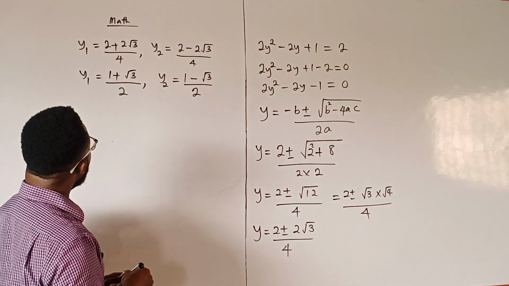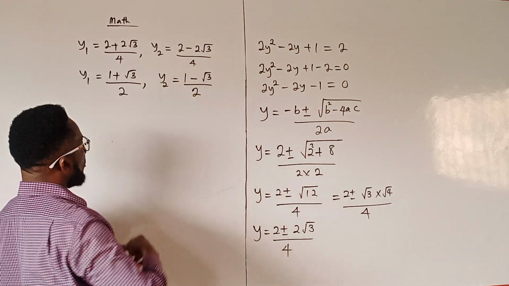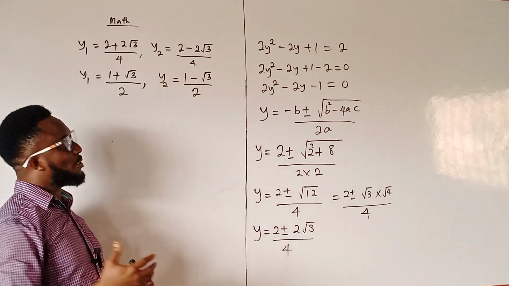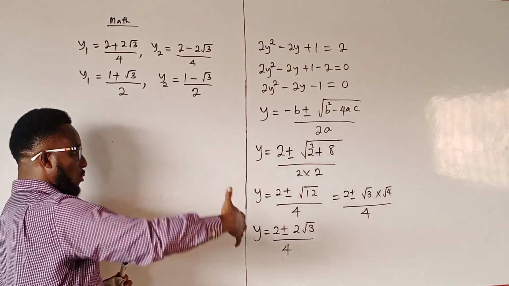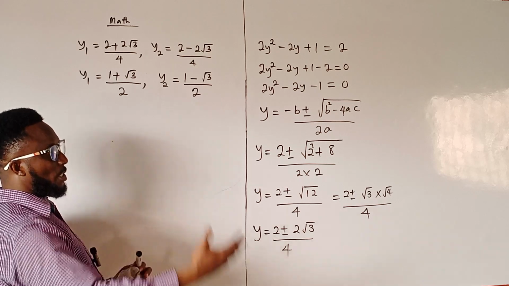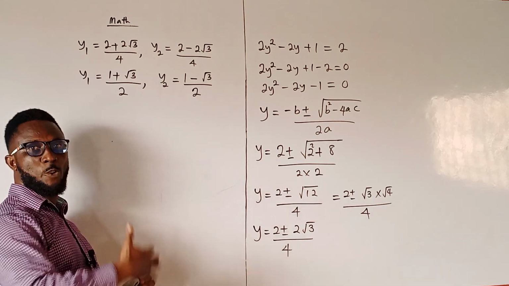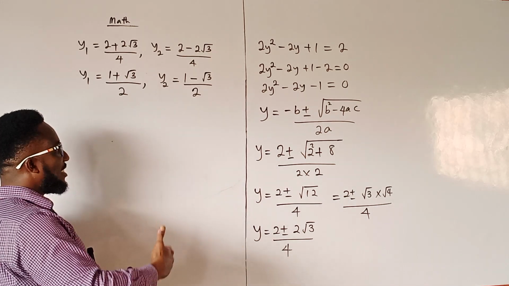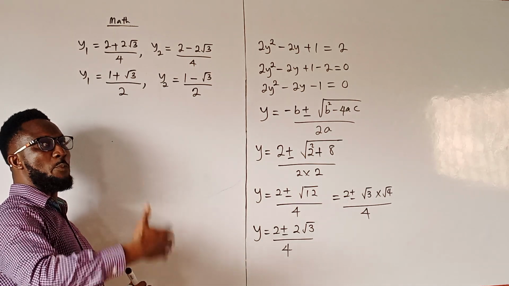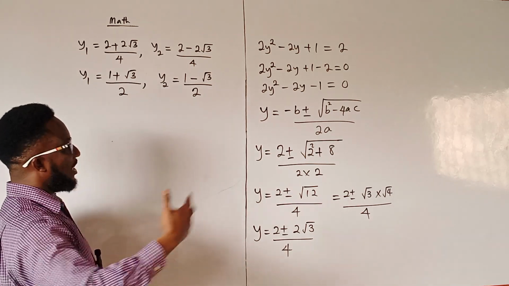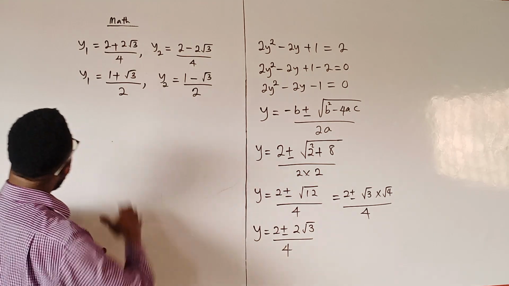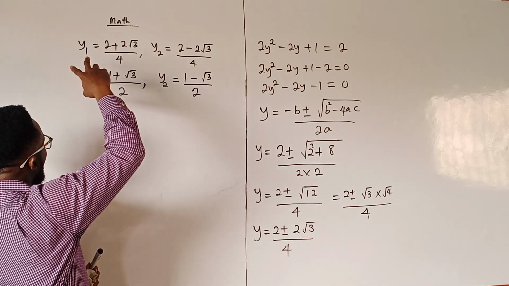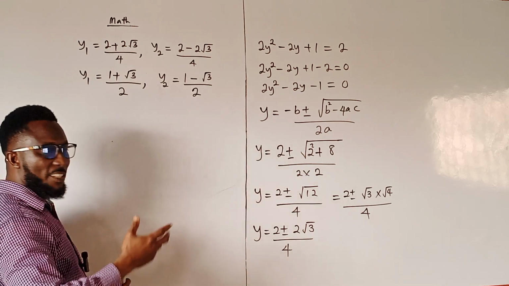The reason why I'm designating this y1 and this y2 is that because of the nature of this problem, a linear and quadratic simultaneous equation, we are going to have 4 answers. In most cases, the answer is written in pair or coordinates, x1, y1, x2, y2. So I'm going to use only y1.